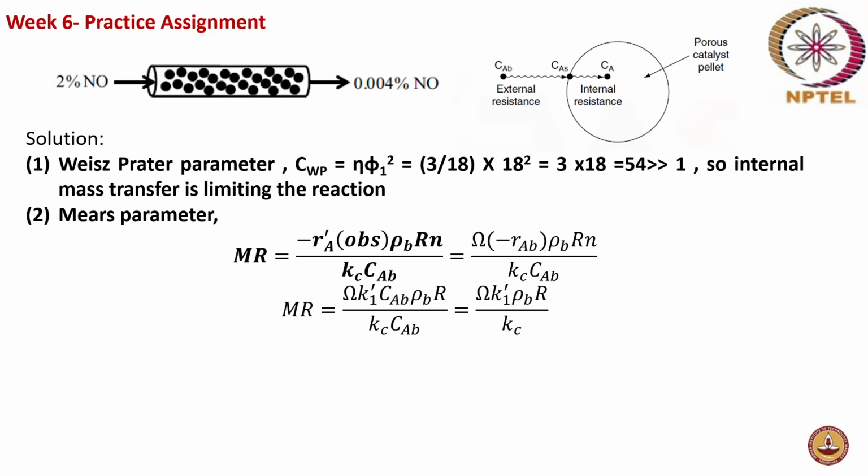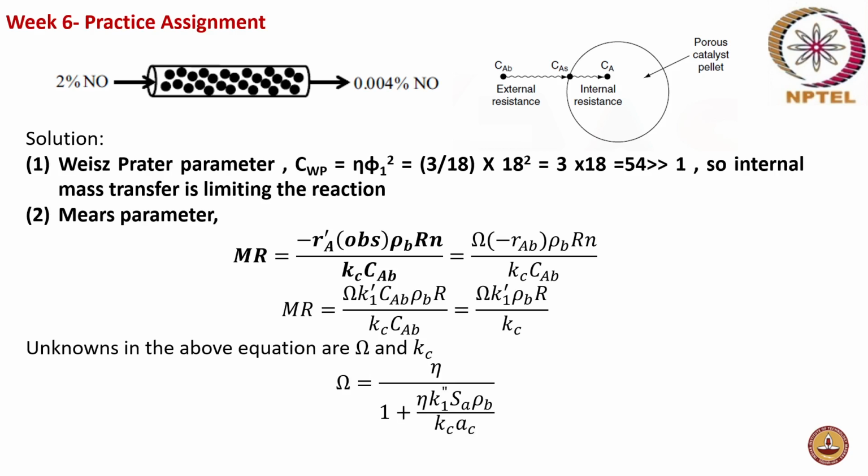Let us look into the overall effectiveness factor. The unknowns in the above equation are the overall effectiveness factor and the mass transfer coefficient. The overall effectiveness factor is given by the internal effectiveness factor divided by 1 plus eta into K1 double prime SA into rho B by Kc into AC, right?